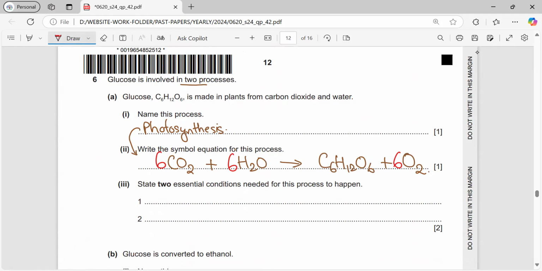State 2 essential conditions needed for this process to happen. Now, for this process to happen, we need direct energy from sunlight. And also this reaction happens in the presence of chlorophyll. So one condition is sunlight, and the second condition is chlorophyll.